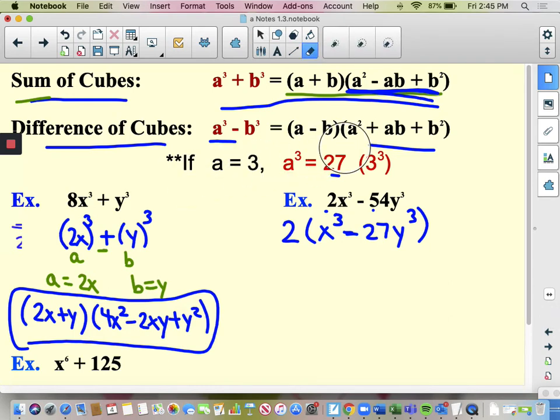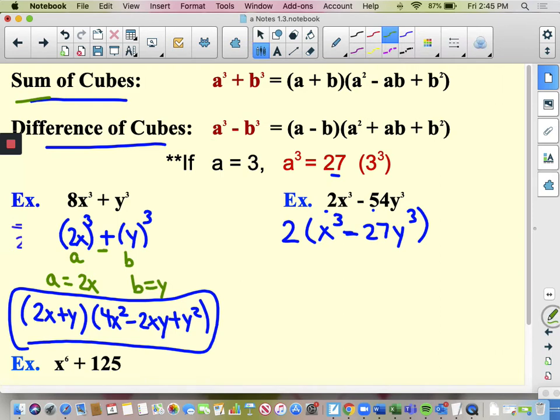Why don't I just erase all my lines up here so that's not so wild and crazy, but now I'm following this one here. Okay, A is going to be x because that's what I'm cubing, and B is going to be 3y because 3 cubed is 27, y cubed is y cubed. So there you have it. And then the 2 I pulled out, of course, needs to stay there.